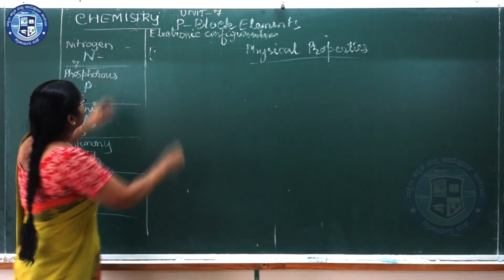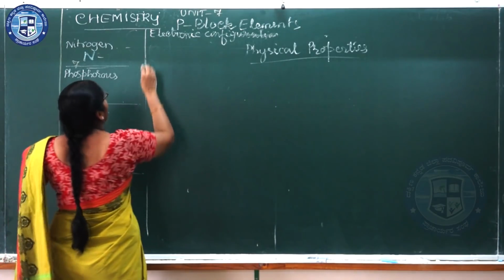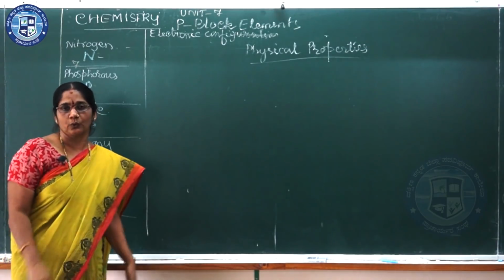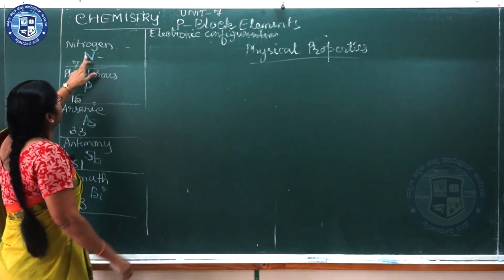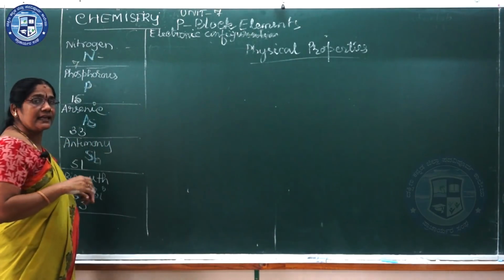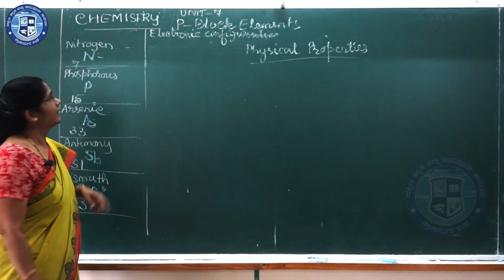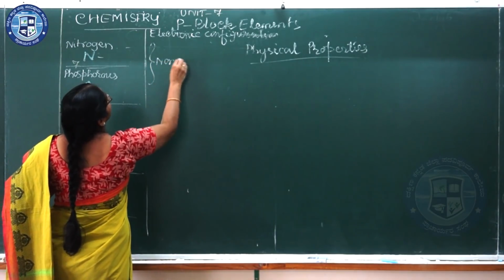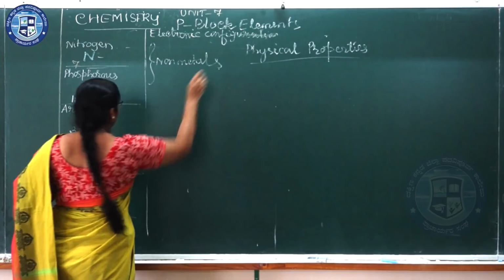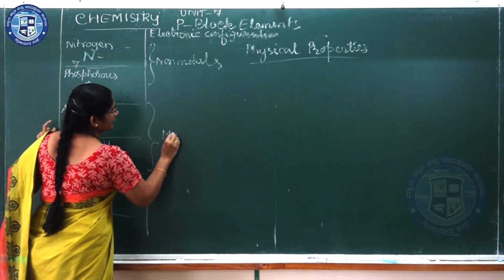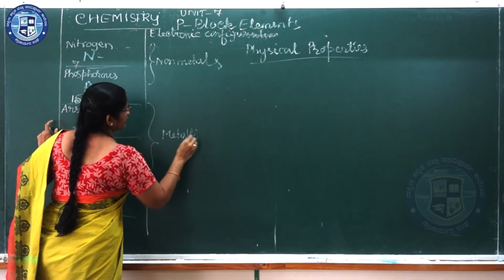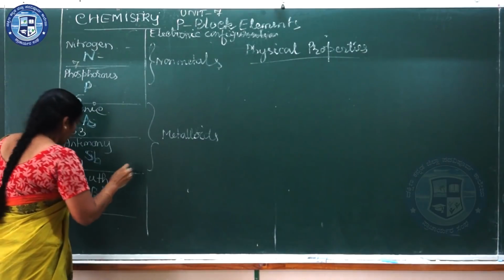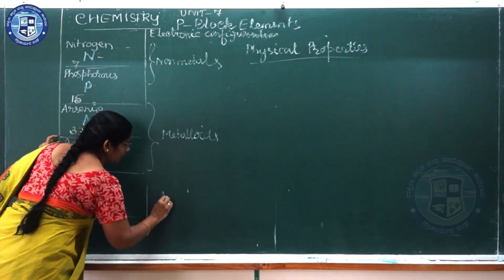Now, as the ionization energy goes on decreasing down the group, the metallic character goes on increasing, and nitrogen and phosphorus are non-metals, and the next two start getting metallic character, so they are metalloids, and bismuth is a typical metal.